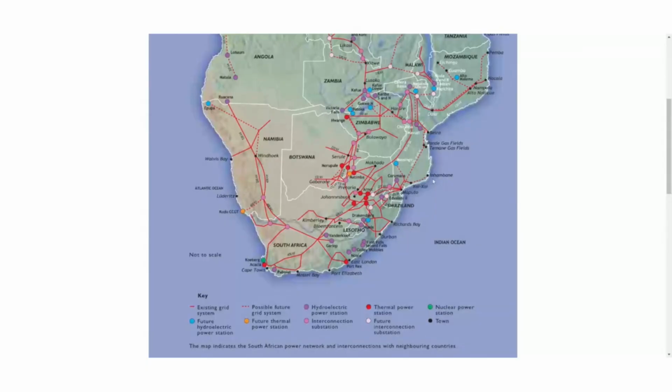So we tie in. For instance, here in Namibia, we are tied in there as well. In fact, if I'm not mistaken, this transmission network from Ruacana going to South Africa is a DC transmission line.